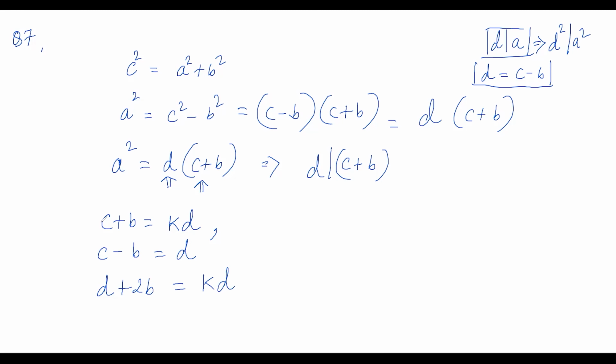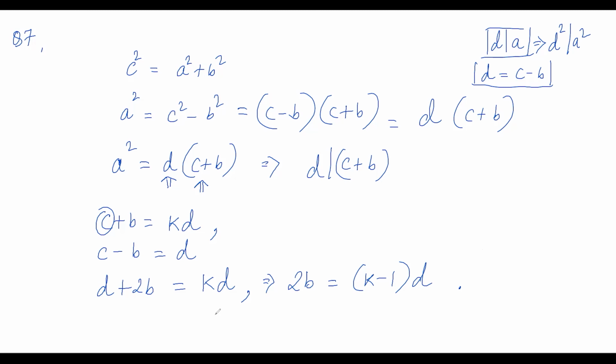I just replaced c here by d plus b, and so I get d plus 2b equals kd. And so from here it implies that 2b is equal to (k minus 1) times d.